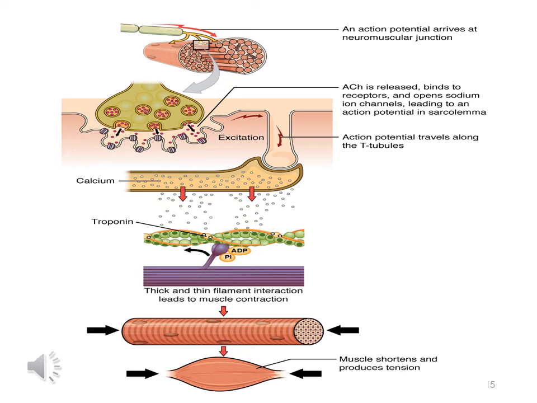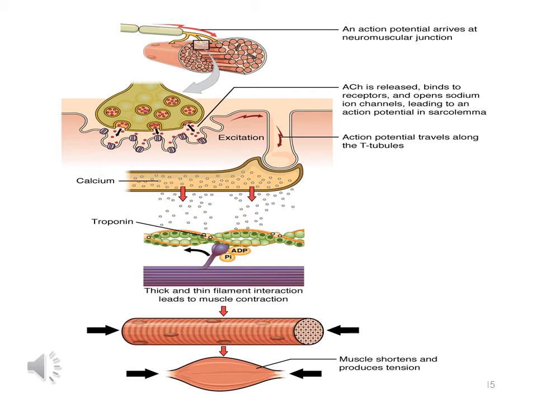This all requires energy. Nothing new there, right? Everything requires energy. The power stroke is going to happen, and then the myosin head is going to release the actin, recock or reposition itself, and then it's going to reactivate to grab on again and pull the actin closer.